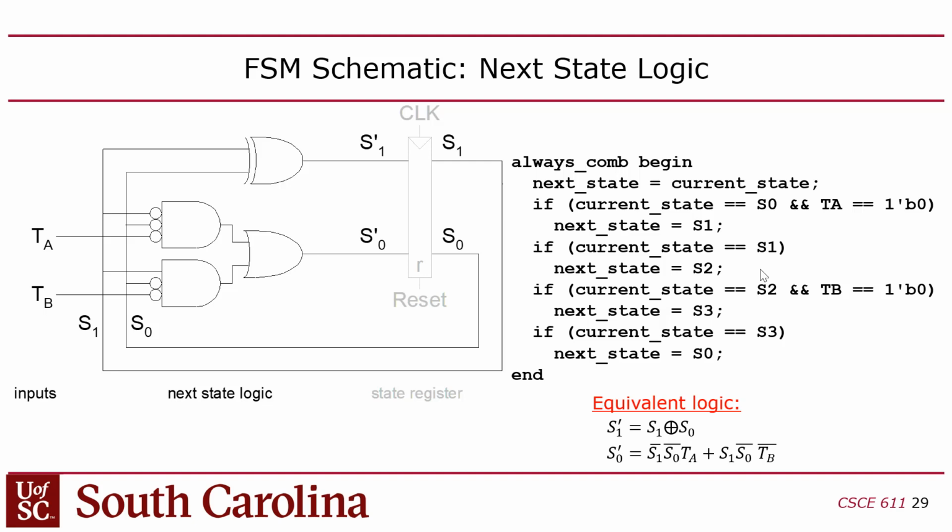Okay, and then basically you write this code, and it will probably generate this logic or something similar, something equivalent to this Boolean logic. And then it should generate a schematic that looks like this. So you can see that the output here is S, so the next state is S1 prime, S2 prime. That's the next state of the two state bits, and those are the inputs to the flip-flop or the register.